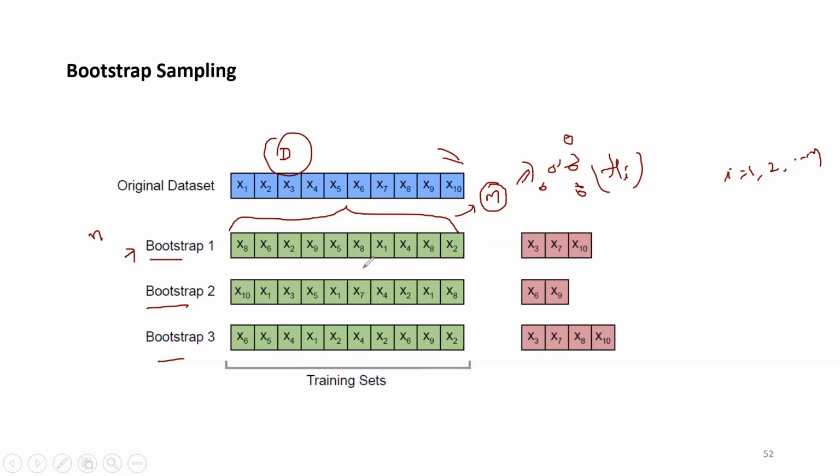Finally, this is going to be the bootstrap sample, but remember, we are leaving out some of the samples. Those samples not in this particular bootstrap set are x3, x7, x10, and subsequently even for this one we are leaving some samples out because we go with random bootstrap sampling with replacement. What you see is x6 and x9, and then x3, x7, x8, and x10.